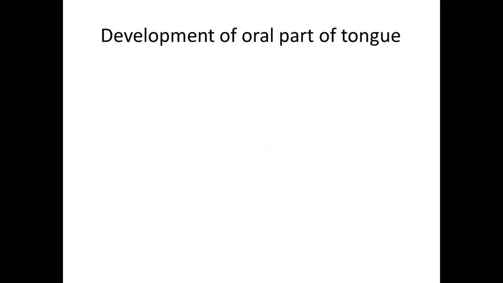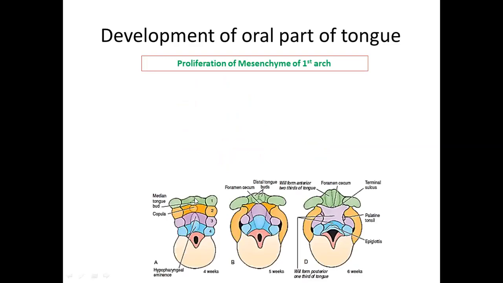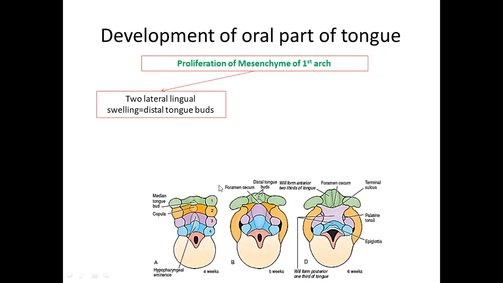Firstly, the development of the oral part of the tongue. It starts with the proliferation of the mesenchyme of the first arch. Over here, the green colored one is the first arch. The mesenchyme will proliferate and give rise to two lateral lingual swellings, or distal tongue buds, and one median lingual swelling, known as the tuberculum impar.